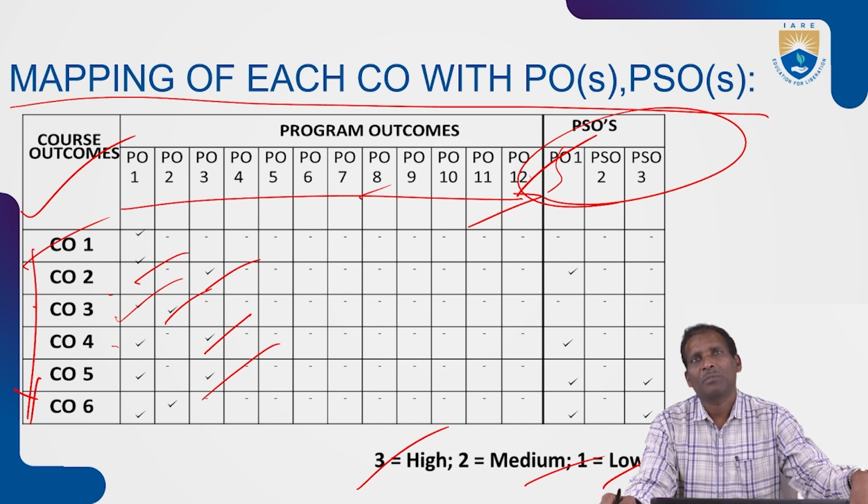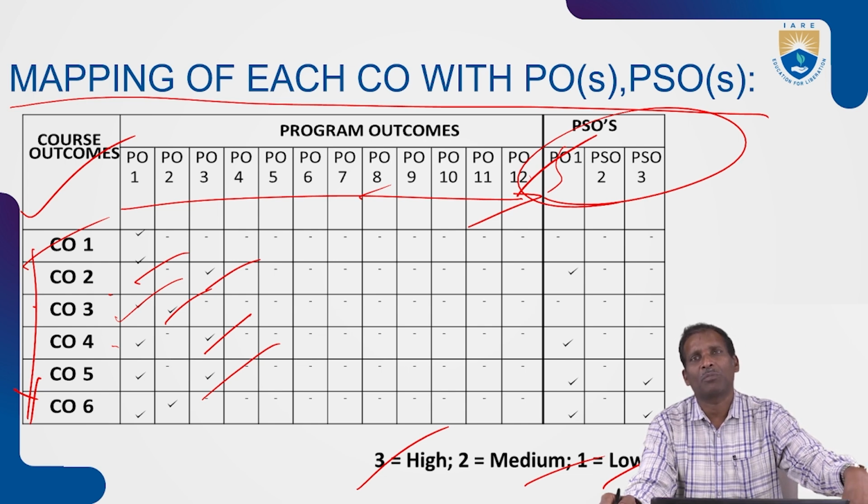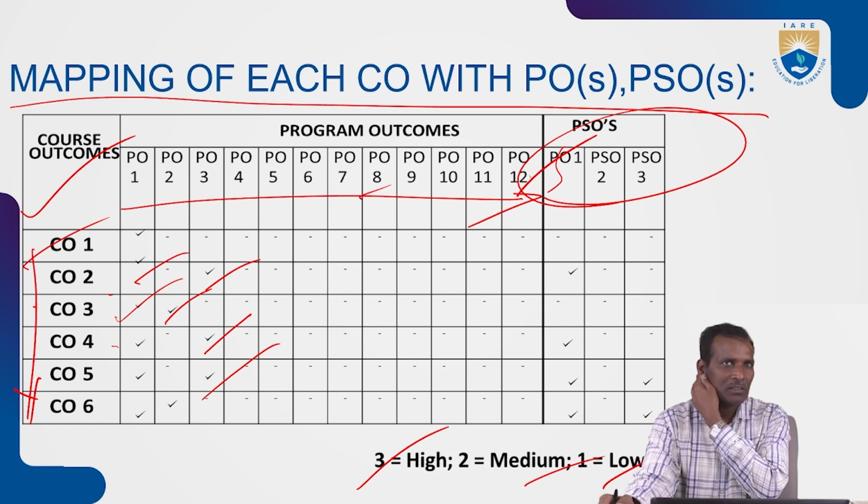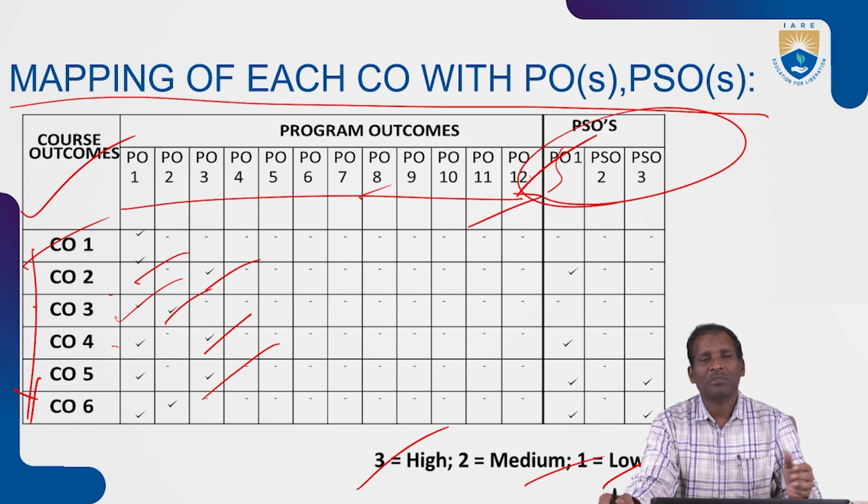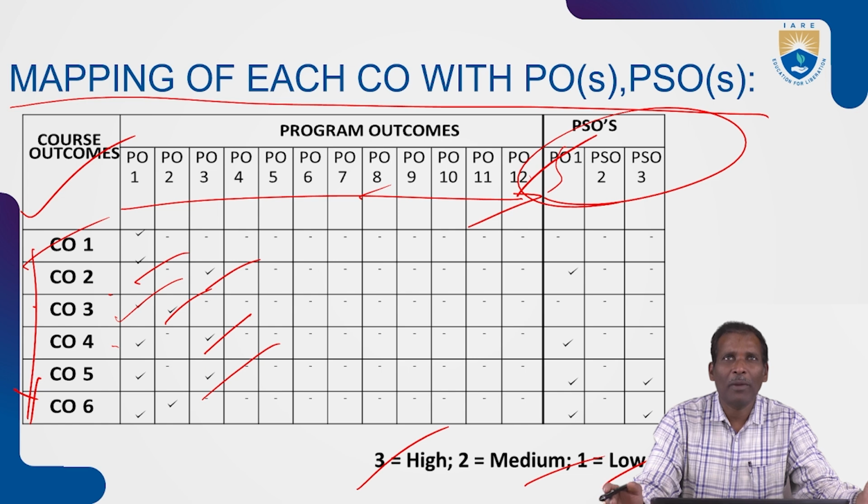If not achieved, then after assessment we take continuous quality improvement. Then only the outcome will be achieved. So this is the mapping. This is the main aim of outcome based education.